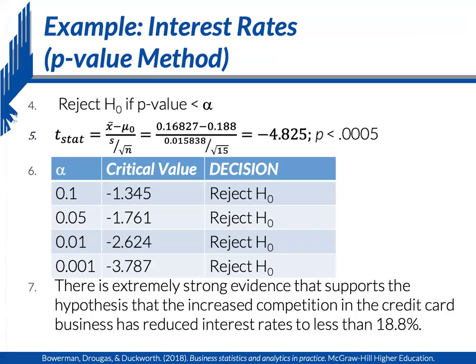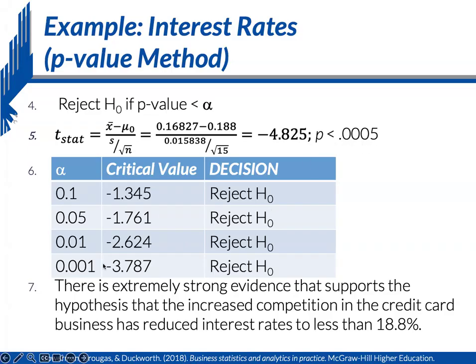So our conclusion is that the p-value must be less than 0.0005. And even if we don't know the exact p-value, that is enough to make a decision, because whatever this value is, it will be clearly less than 10%, 5%, 1%, and even 0.001. Okay, it's less than 0.0005.